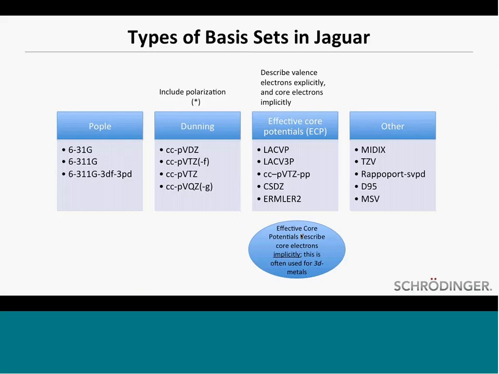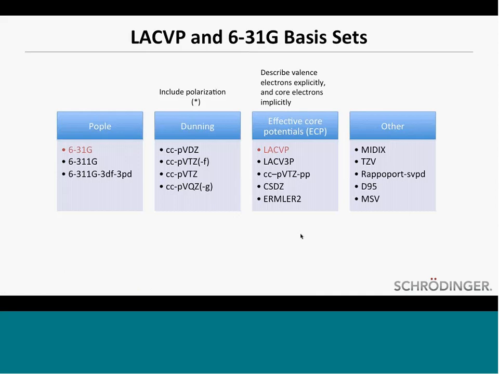And what this does is package all of the core electrons in the transition metal into an effective core potential, so you don't have to worry about them. You only worry about the valence electrons. And the two that I'm showing you right here, 6-31G star and LACVP, are the defaults in Jaguar when you are studying organic and inorganic systems, respectively.